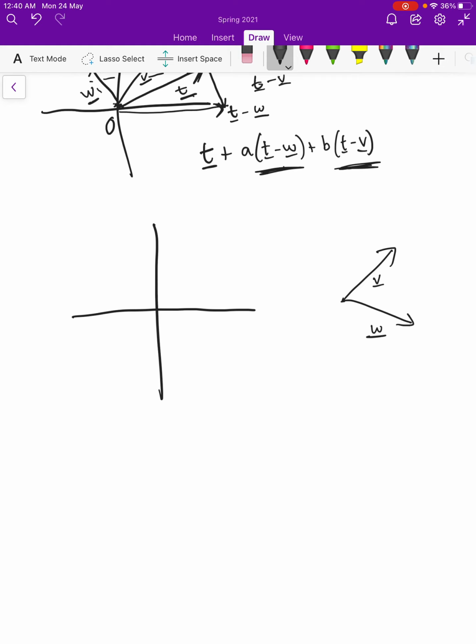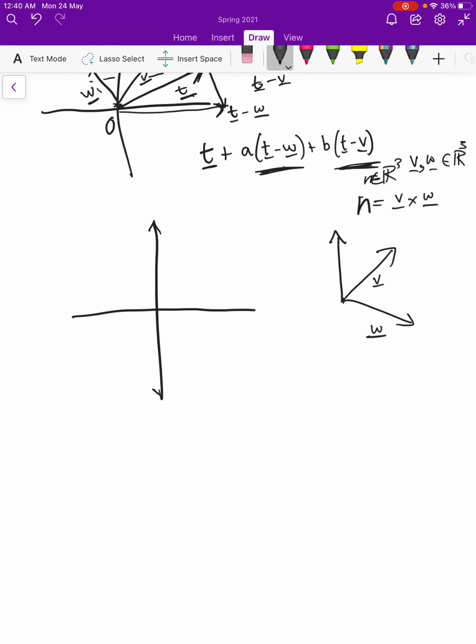Now let's say that n is equal to the cross product of v and w, and v and w are in R3, and n also has to be in R3. Okay. And n is orthogonal to both v and w.